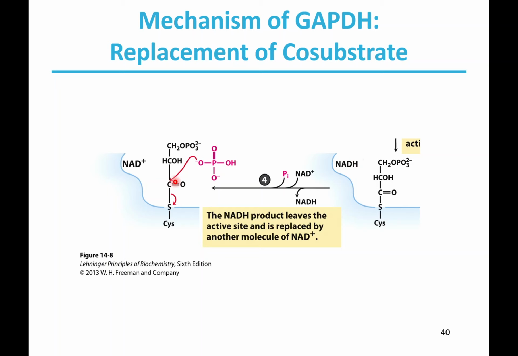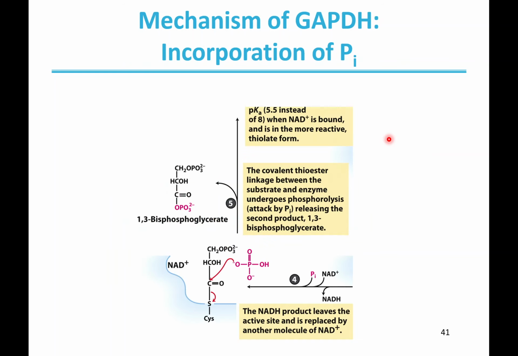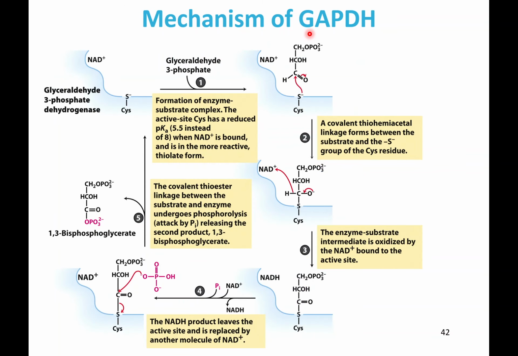That inorganic phosphate then does a nucleophilic attack on the carbonyl carbon, and you have the 1,3-bisphosphoglycerate product that leaves, and you reset your enzyme. And here are steps 1 through 5 just shown together.